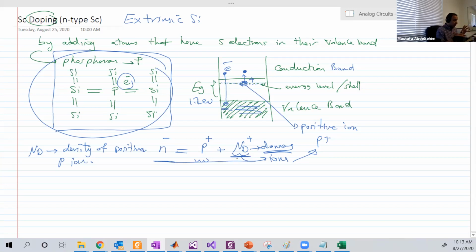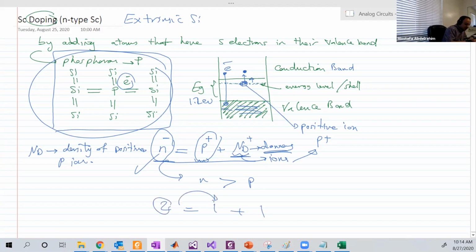But from this equation, only those guys can contribute to the current. And especially in this kind of material, or with this kind of doping, current mostly will come from N. Basically, N is larger than B. So based on this equation, N must be larger than B. Because, for example, 2 is equal to 1 plus 1, right?